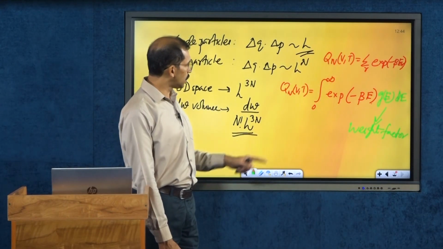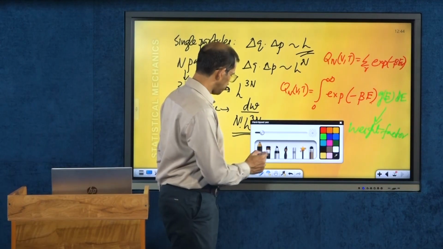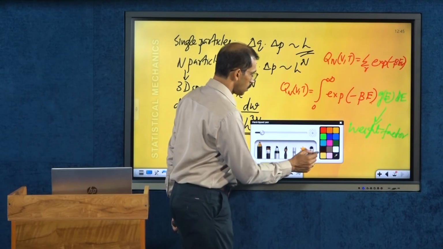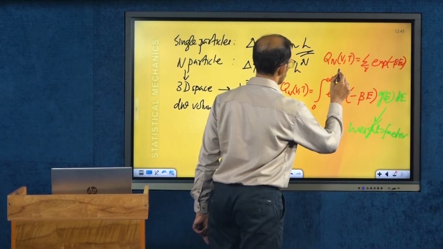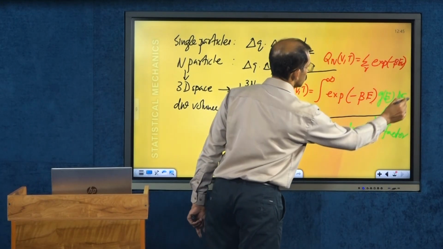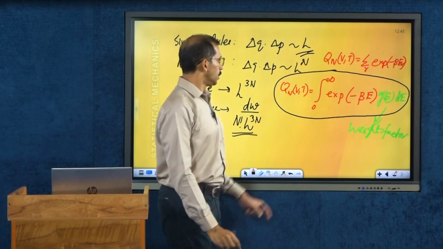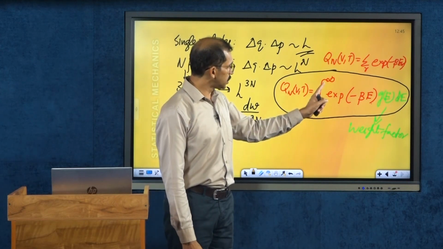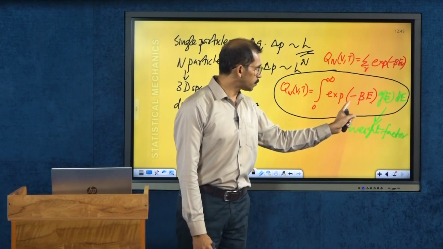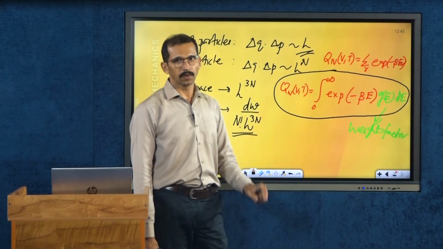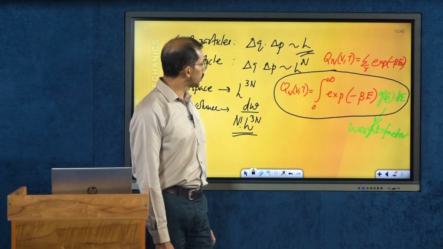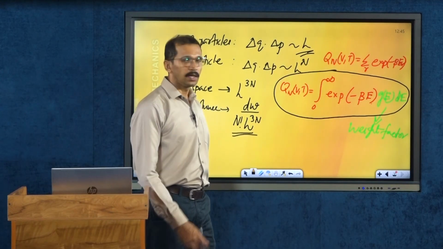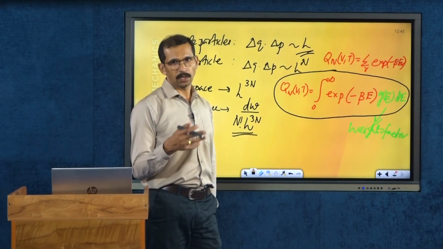So this is our latest expression. Q_N V T is equal to integral 0 to infinity g dE exponential minus beta E. So this is our latest expression for the partition function in a typical classical canonical ensemble system.